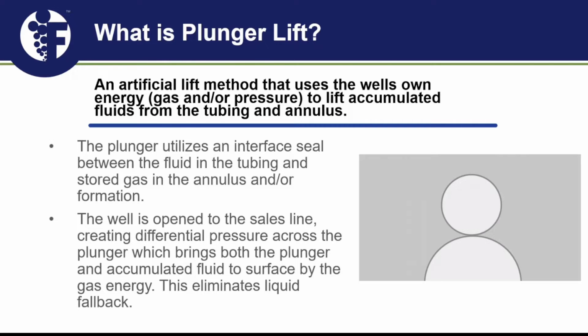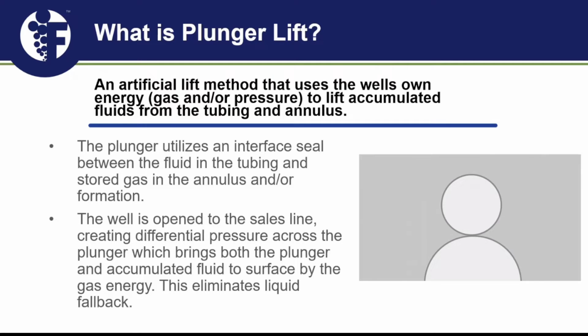So plunger lift is another form of artificial lift. What it does is it essentially utilizes the plunger to be an interface between your liquid column that you're trying to evacuate from the well and the energy or the gas providing that drive to get the plunger and that liquid column up to surface. The way I like to look at it in my simple brain is it's basically a pig for your production tubing, right?